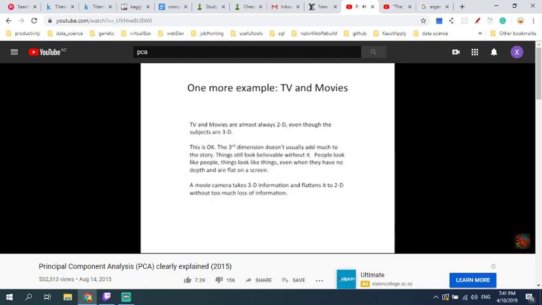Here's another example of how some dimensions are more important than others: TV and movies. TV and movies are almost always 2D. That is, they're shown on flat screens, at home or in the movie theater, and we don't usually have fancy 3D goggles on when we watch them. So they're 2D, even though the subjects in the movie are 3D. This is okay. The third dimension usually doesn't add that much to the story. This is why, when we cough up the extra $3 or $4 to watch a movie in 3D, we're usually disappointed.